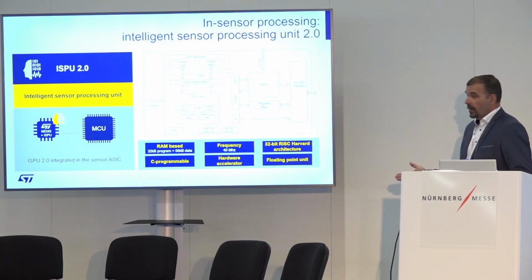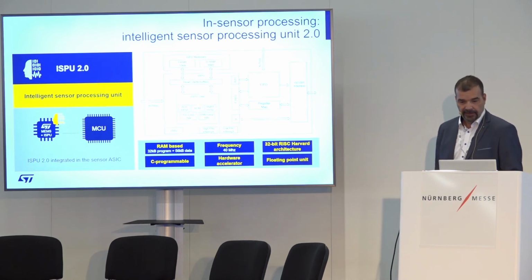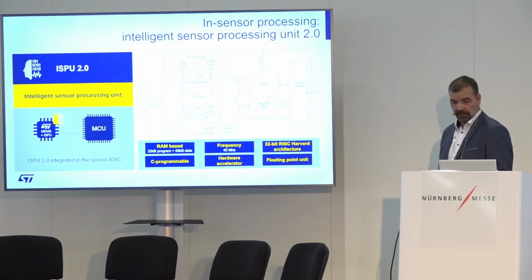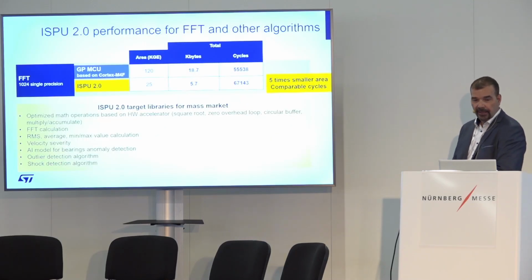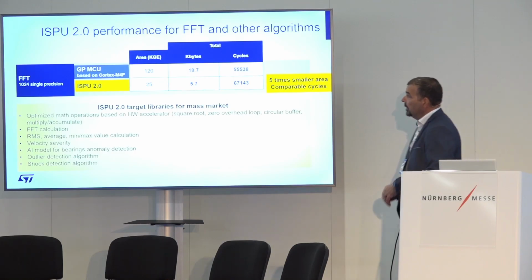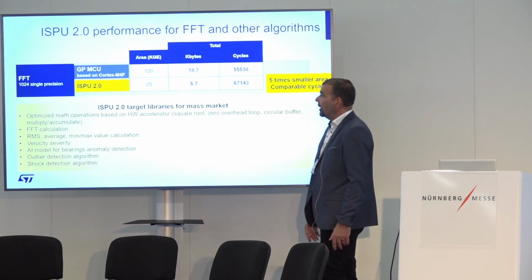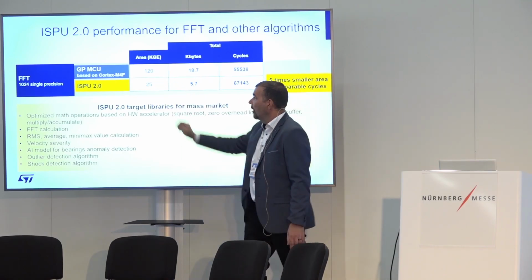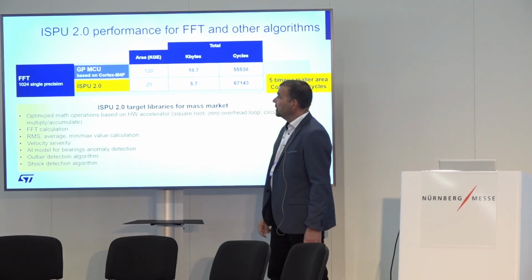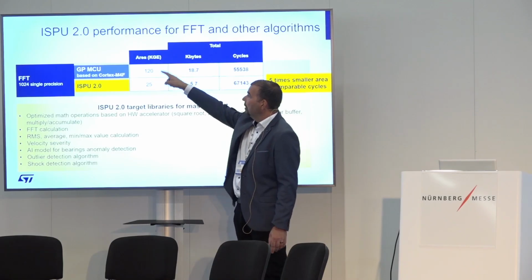Now you may ask me why this RISC core is beneficial versus something which could run externally in the microcontroller. So I prepared one chart which is showing the calculation of the FFT. If we compare the code which would run on a traditional Cortex-M4 or inside the ISPU, we are significantly reducing the number of kilogates.